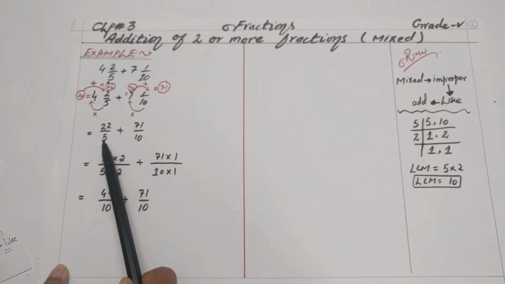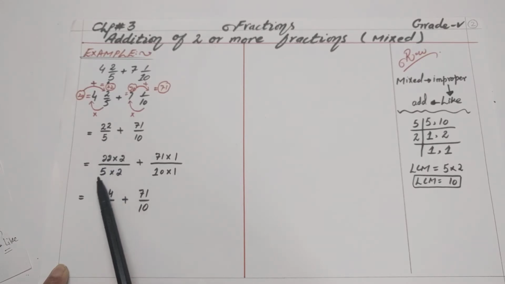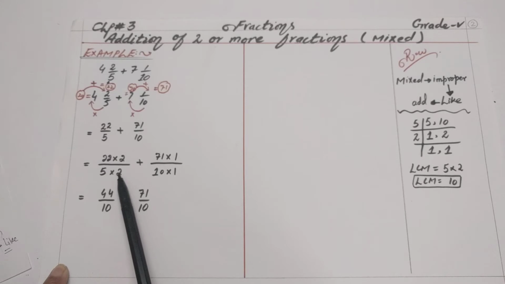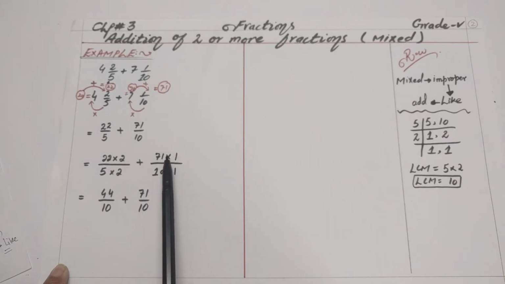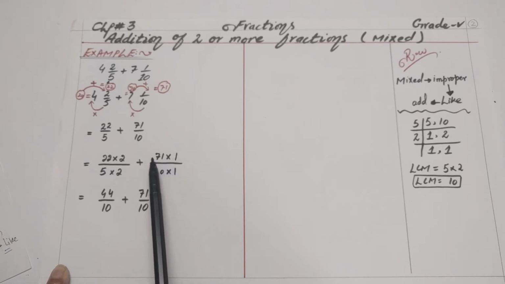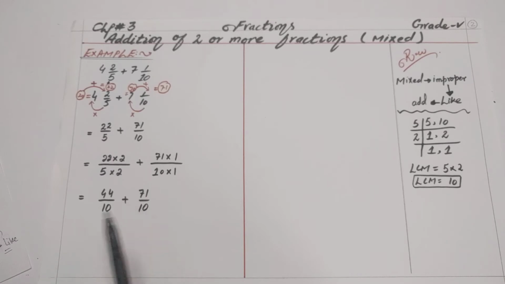Here we have 5, so 5 into what is 10? 5 twos are 10. So if we are multiplying 2 in the denominator, we will also multiply it by the numerator. Same with the second one. We already have the LCM 10, so 10 ones are 10, and 1 will also be multiplied by the 71. Now our denominator is same. We get the like fractions.